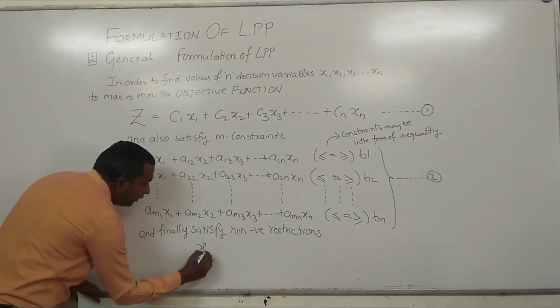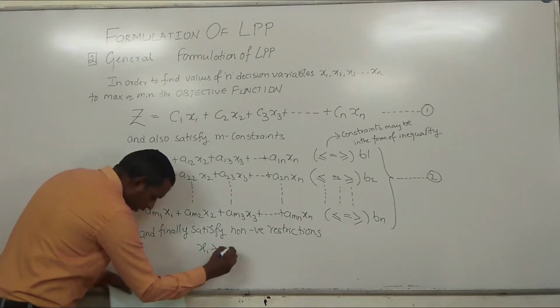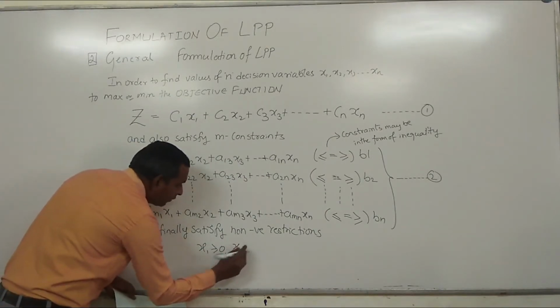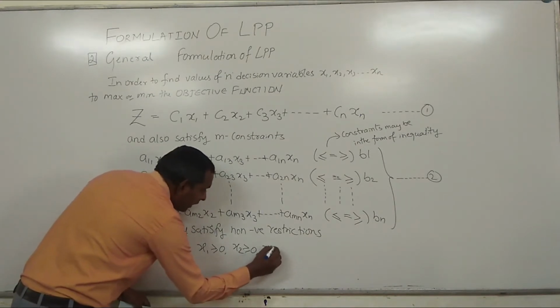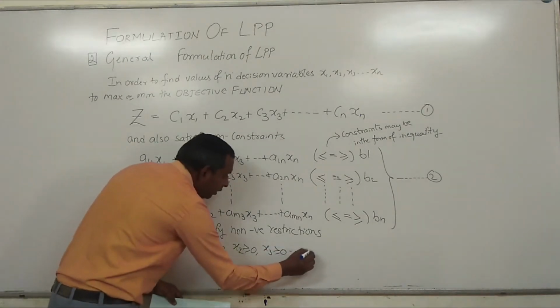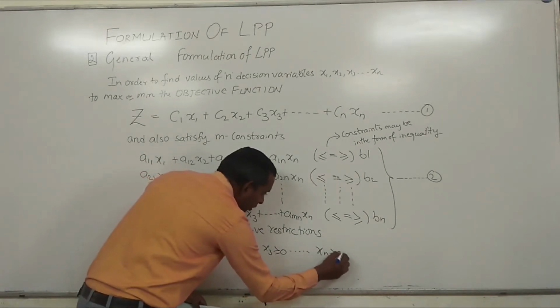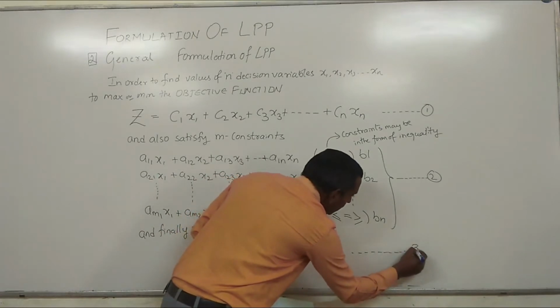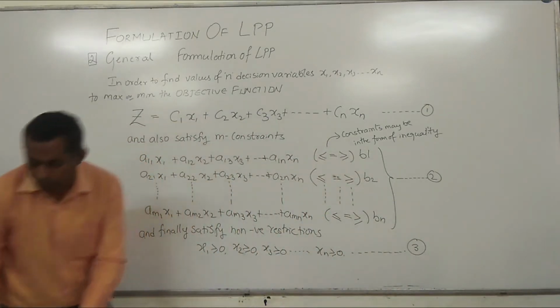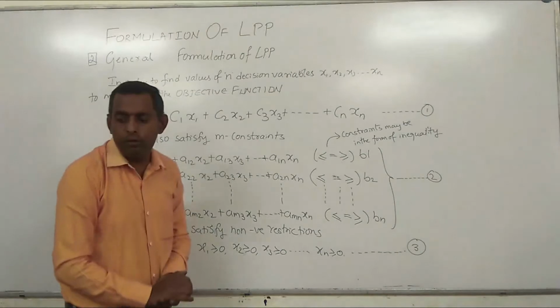Non-negative restriction, that is x1 is greater than or equal to 0, x2 is greater than or equal to 0, in the same way x3 is greater than or equal to 0, and so on, xn is greater than or equal to 0. This is equation number 3. So let us have a small repetition of this one.